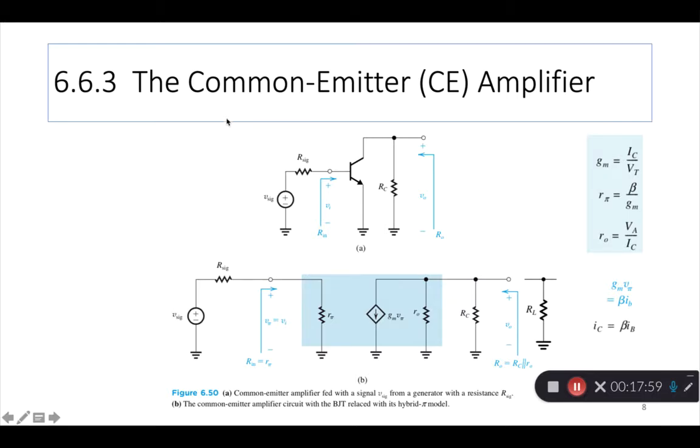So when we talk about the CE amplifier, which again has the emitter common, the input signal is applied to the base and the emitter. The output signal is picked out from the collector and the emitter, right?